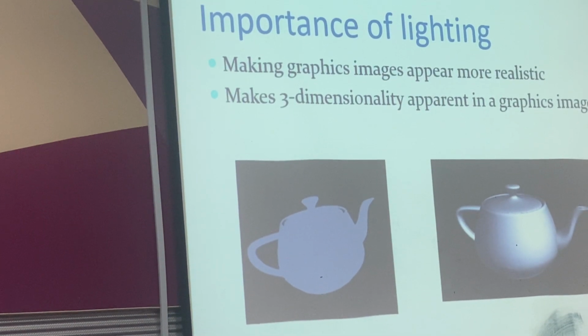So why do we need lighting? From chapter 6, 7, 8, 9 onwards, these are all graphic techniques. Lighting is one of them, to make your graphic image more realistic. Before you implement any lighting, like your particle that we did previously, you draw your cube, you draw your sphere, it looks very fake, not realistic.